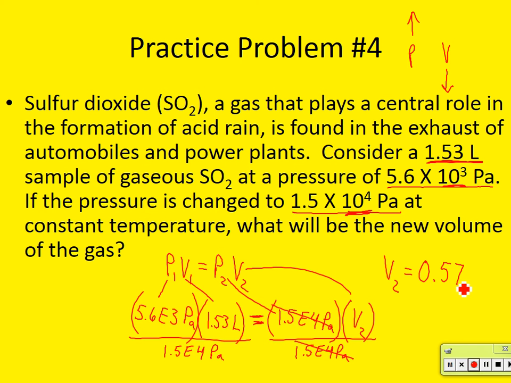What's the units? Liters. Yeah, it's going to end up being liters. Okay, did our volume go down? We started at 1.53 and we ended at 0.57. So yes, it did go down just like we were expecting it to up here.